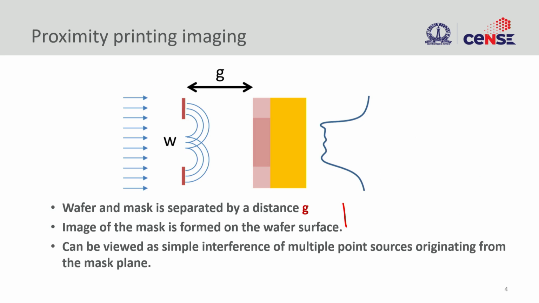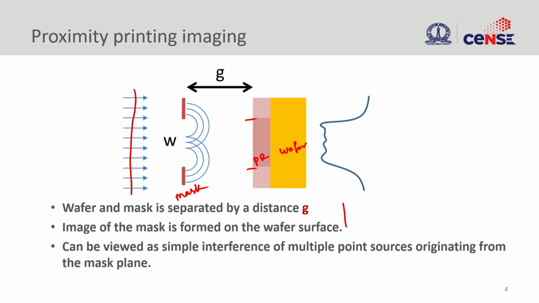And this is what happens when you zoom into the mask and your photoresist coated wafer. This is your wafer, and this is your photoresist, and this is your mask. We have a uniform illumination coming onto the mask, and there is a gap through which you expect the light to propagate and reach the photoresist here.